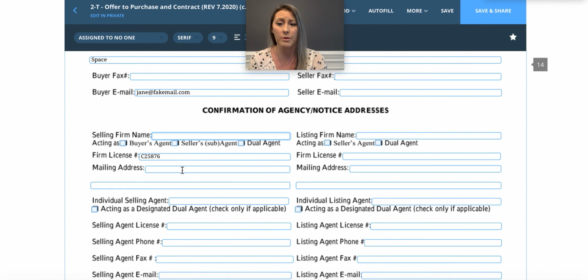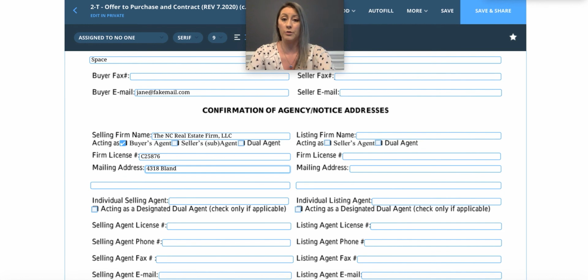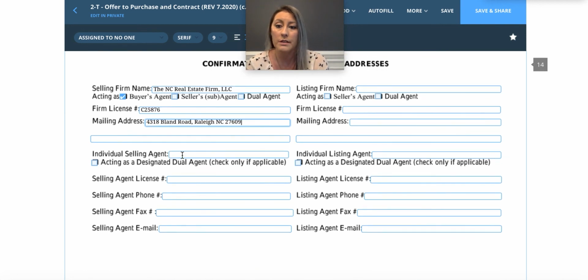Selling firm name, that would be you. So I work at the NC Estate Firm, LLC, and I am the buyer's agent. And the mailing address, you would put the mailing address of your firm. And individual selling agent, that would be you.